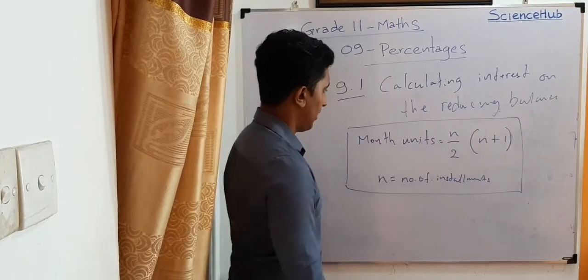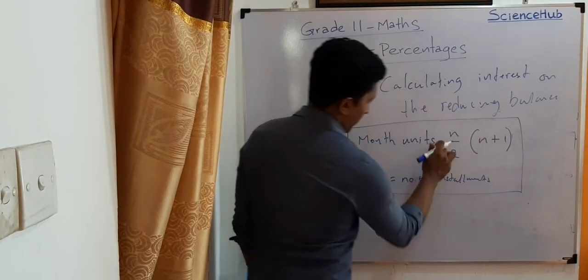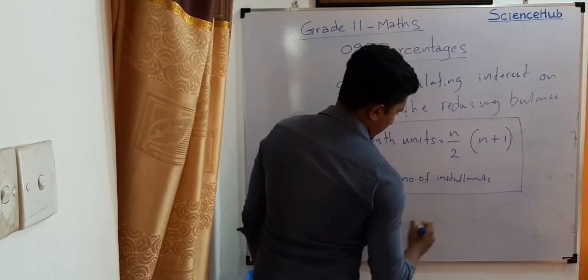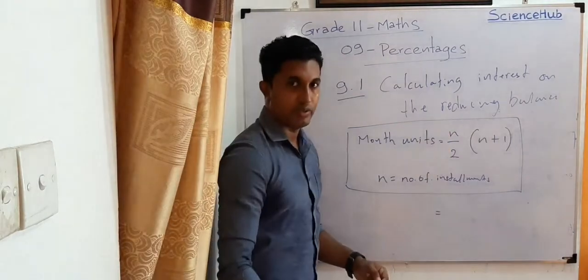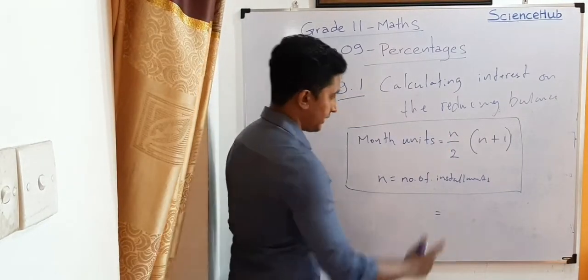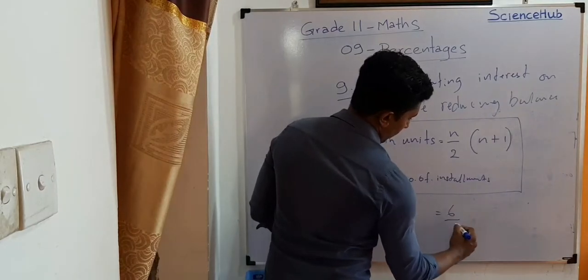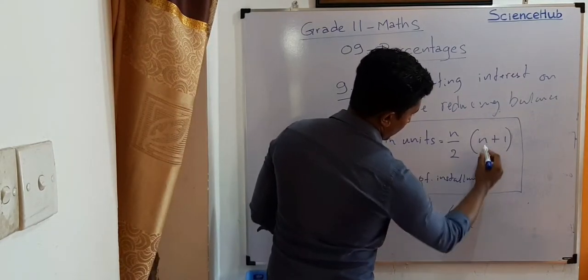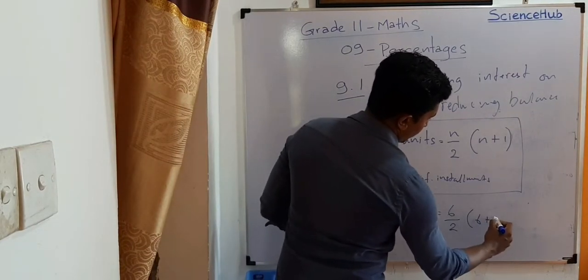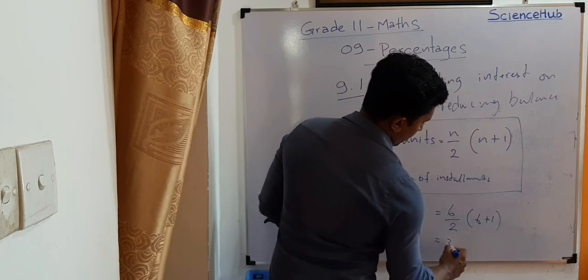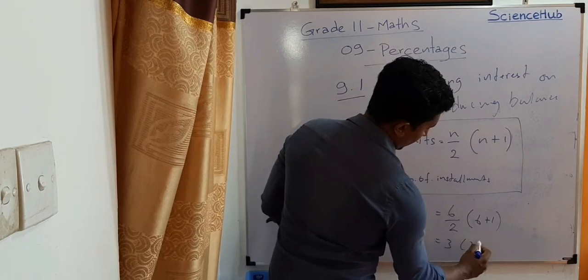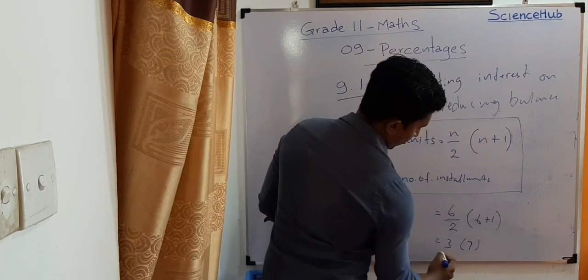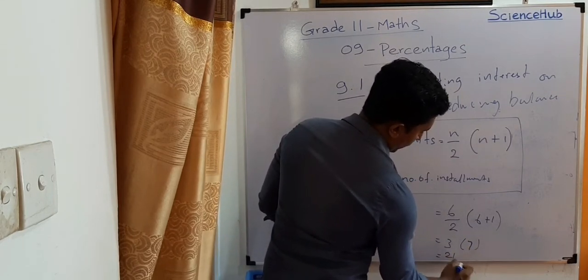What is the number of installments in our question? 6. So 6 over 2 into 6 plus 1: 3 into 7, and 3 into 7 is 21.